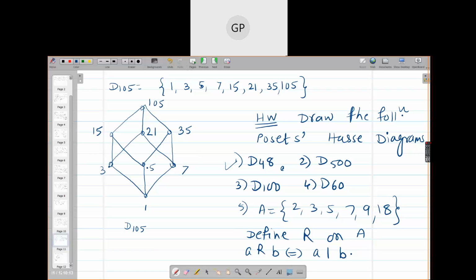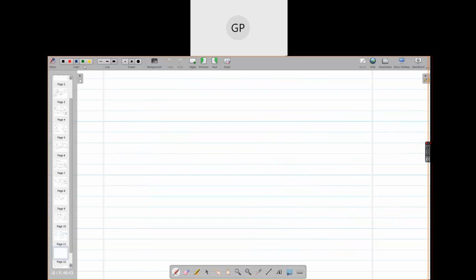Now one more special example I will tell you. So divides, we saw how to draw the Hasse diagram for the divides relation. We saw how to draw the Hasse diagram for less than or equal. If you have this set, suppose set B is 2, 9, 8, 7, 6. I can write the set in any order, not necessary in increasing order. So I am defining R on B such that a is less than or equal to b.